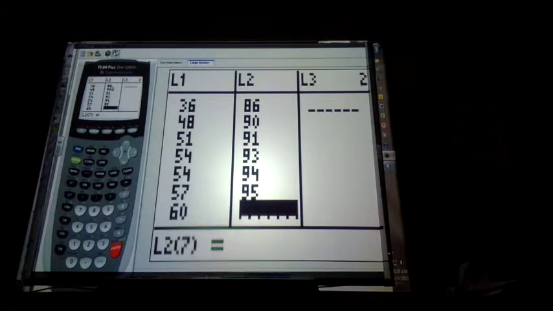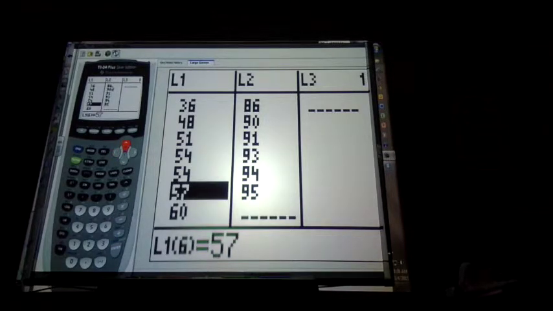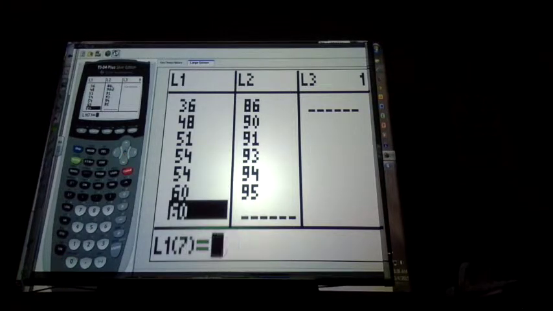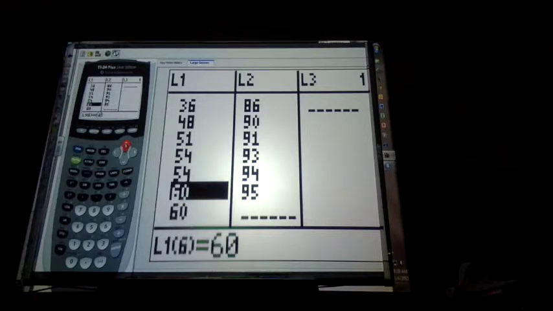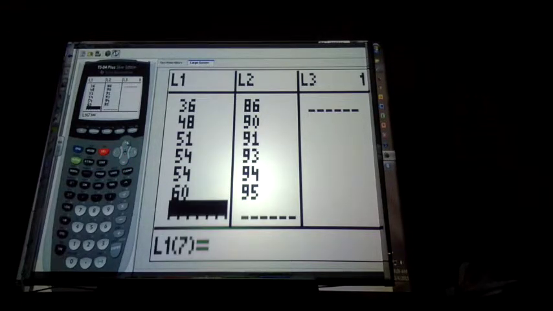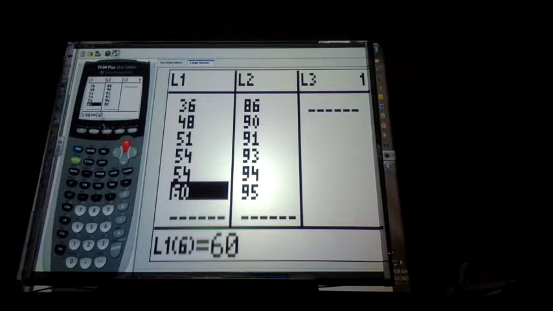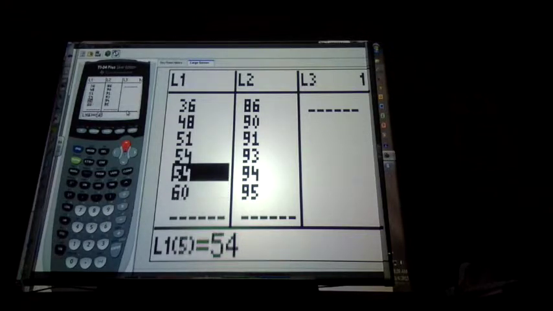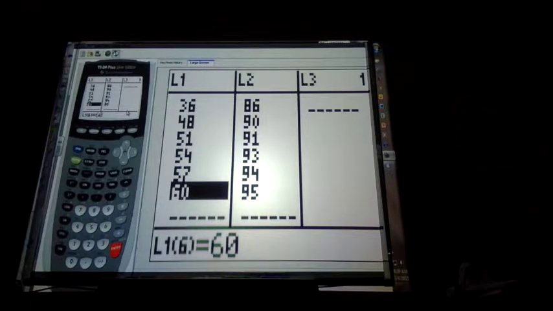Oops, I just figured out this data. 36, 48, 51, 54, 57, 60, 86, 90, 91, 93, 94, 95.